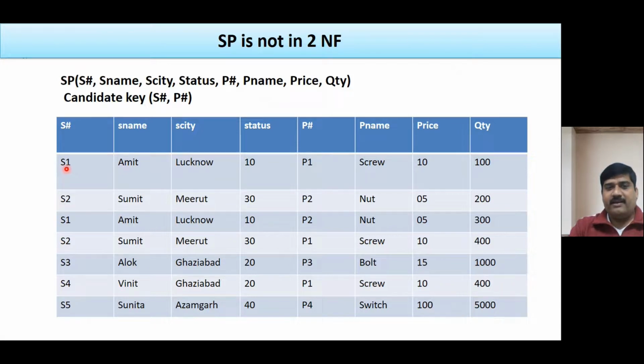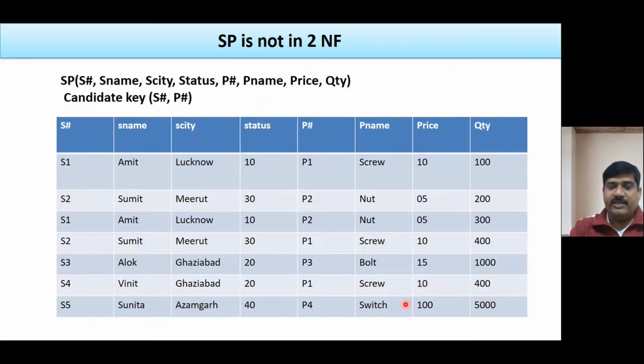Because if supplier S1 supplies two parts P1, P2, there are two times the information of the supplier. If a supplier supplies n parts, then the supplier information is repeated n times. So this table is full of redundancy. For reducing this redundancy, we have to decompose this whole table into simple, well-structured tables.